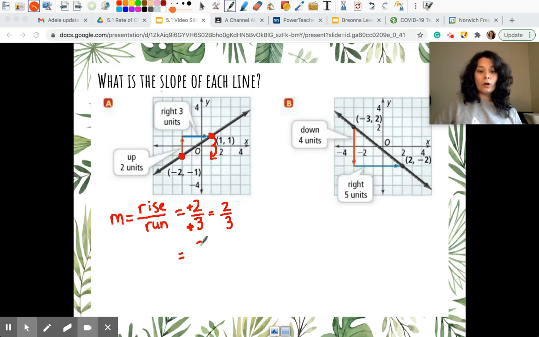So I'm still falling 2 units, but because I went down, that's a negative direction. And then from there, I'm going to run to the left 3 spaces, but again, because I went left, that's a negative direction. Negative divided by negative gives me a positive. I get the same slope no matter what.